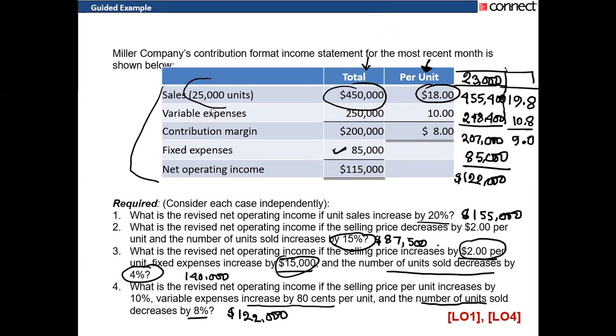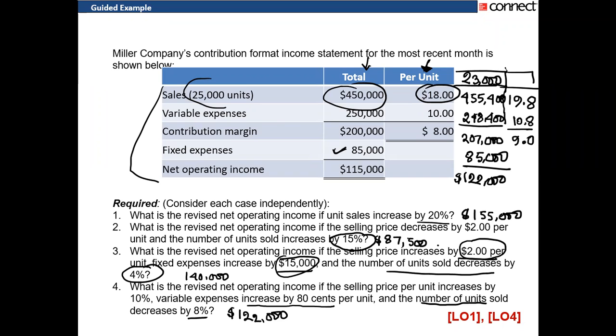Number 2. But you see, in all cases, we are far from our break-even point. So as long as we are far from break-even sales, our net operating income is far from $0.